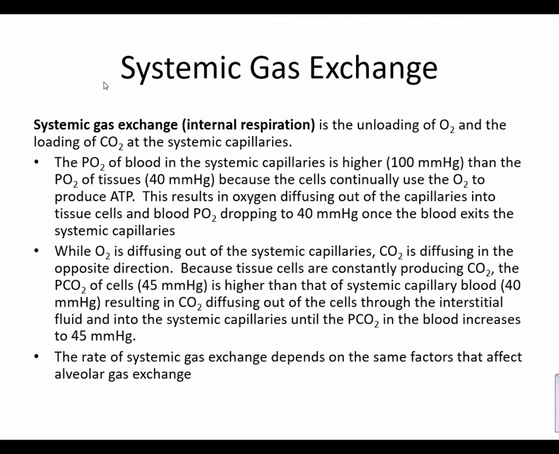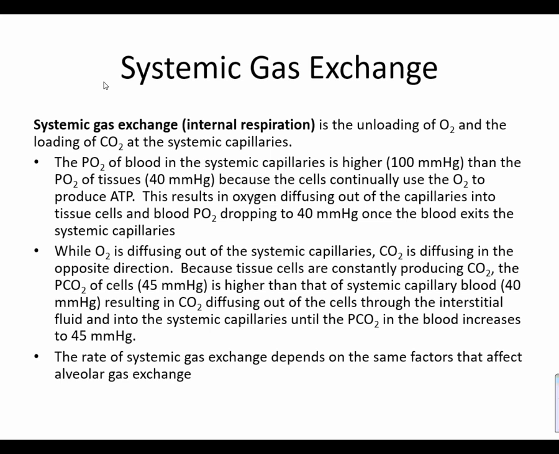Now, while O2 is diffusing out of the systemic capillary, CO2 is diffusing in the opposite direction, because tissue cells are constantly producing CO2, and that takes place during the Krebs cycle that we'll talk about. PCO2 of cells is 45 millimeters of mercury, higher than that of systemic capillary blood, which is only 40. Now, 45 and 40 are pretty close, but 45 is higher than 40, so that draws the CO2 out of our cells and into the blood.